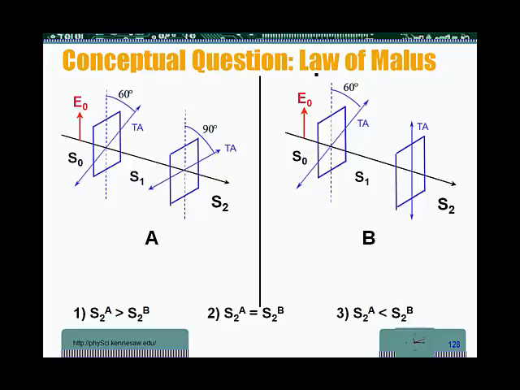In the second case, the second polarizer has its transmission axis along the vertical. And the question is asking which one is going to result in more light being transmitted.